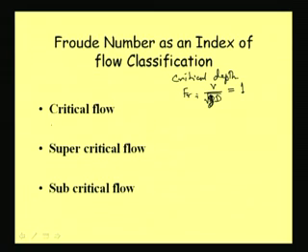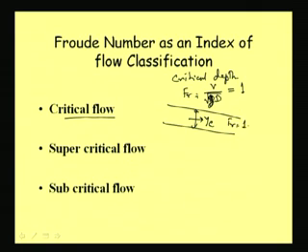So when the flow depth is critical, then it is called a critical flow. I am writing yc, critical depth, then your v square by g d term becomes 1, that is Froude number is equal to 1.